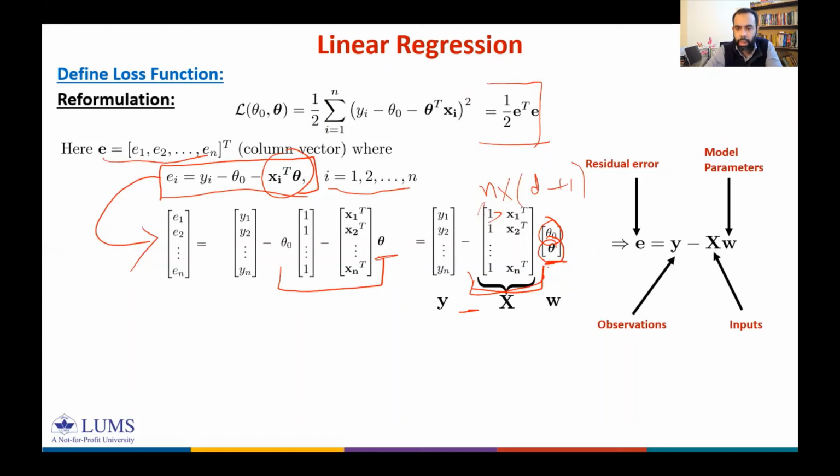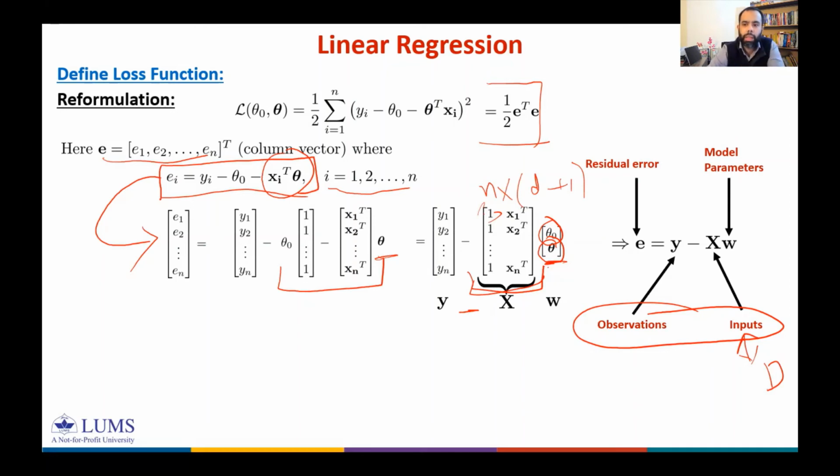X is a matrix, but X depends on your inputs. So X is constructed from your inputs, right? So these two, Y and X, are coming from your data set D. You have y and x1, x2, xn in D, and you can use those x1, x2, xn to construct this matrix capital X.